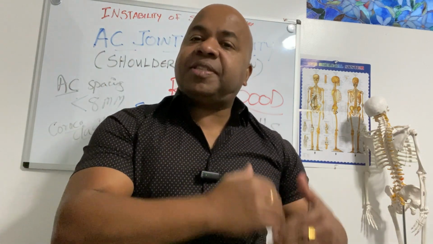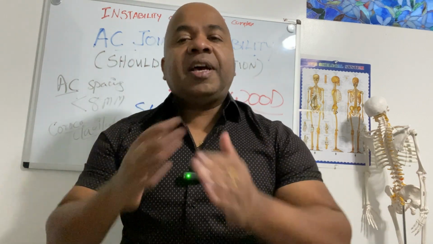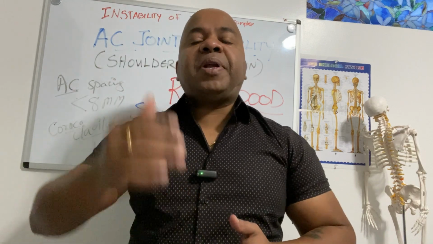This is a very important topic, and in college time, probably you just studied the acromioclavicular joint as a plain synovial joint where only gliding movements are possible. But when you analyze this, the acromioclavicular joint has a total of 6 movements, 3 rotatory movements as well as 3 translatory movements.